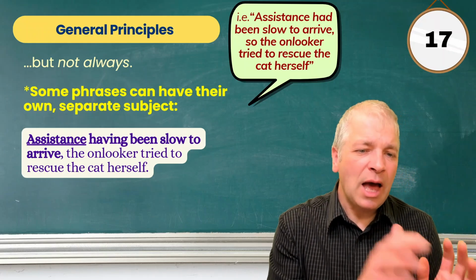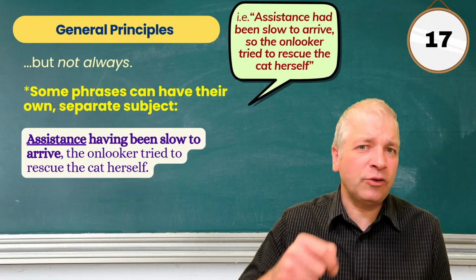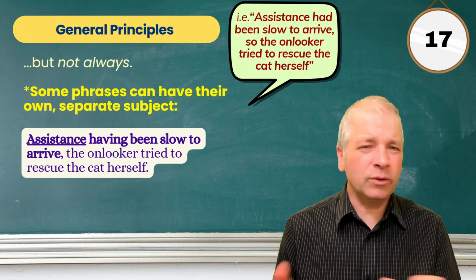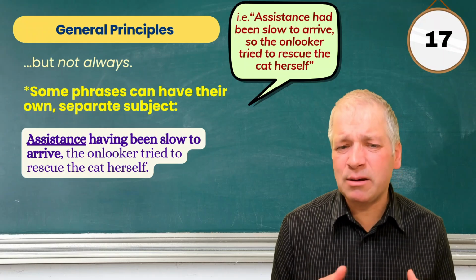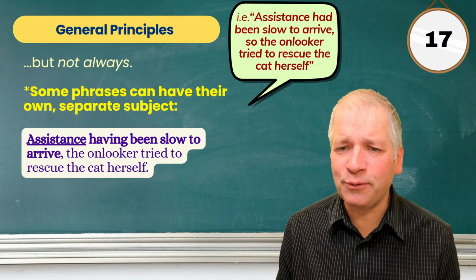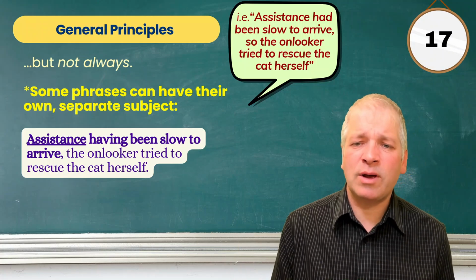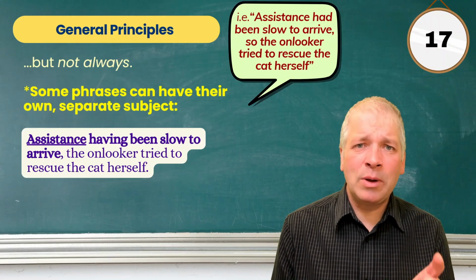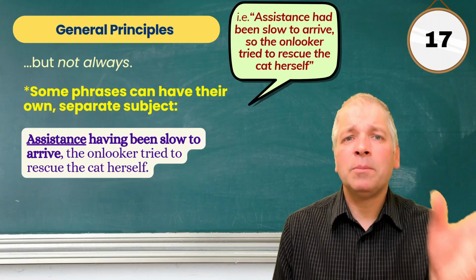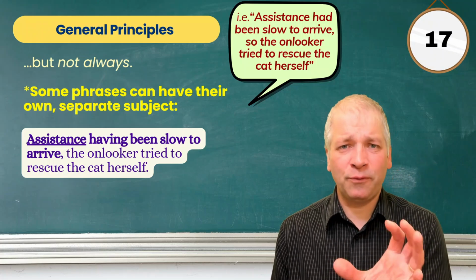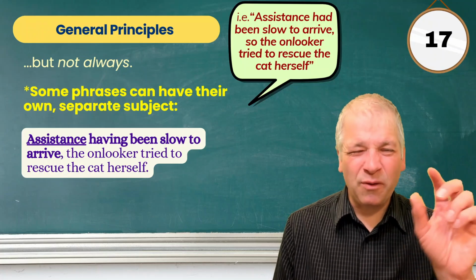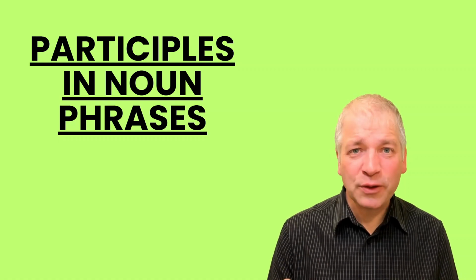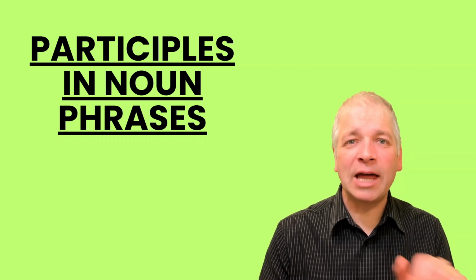So in this case, having been slow to arrive doesn't refer to the onlooker, it refers to the assistance before it. What does this sentence really mean? It means assistance had been slow to arrive, so the onlooker tried to rescue the cat herself. So in this situation, where we put our own subject before the participle phrase, the participle will refer to the subject within its own phrase.